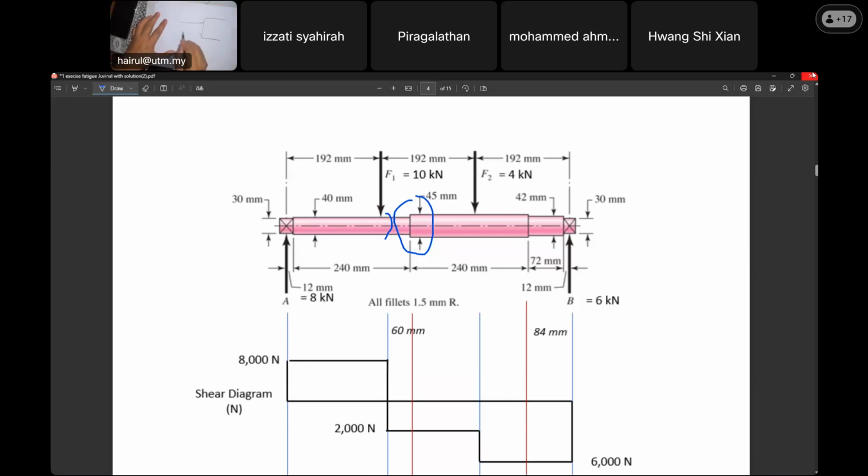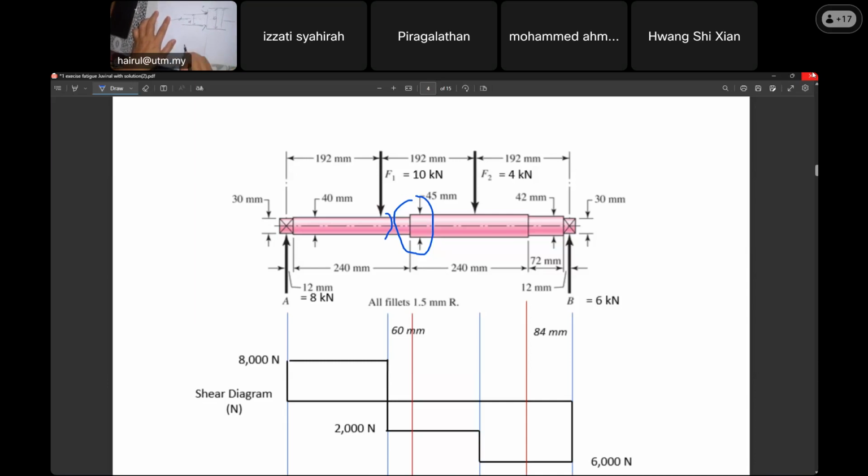Okay, this is diameter 40, this is diameter 45. When you have a fillet, we have a bending stress. At the fillet, can you see the radius r? Small d, bigger D, and r is the radius of the fillet. At the fillet, the stress concentration of the bending is much higher.